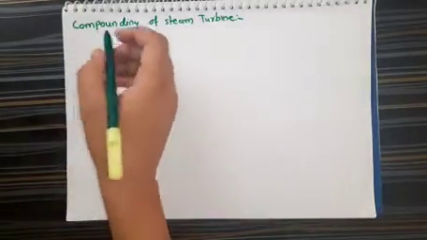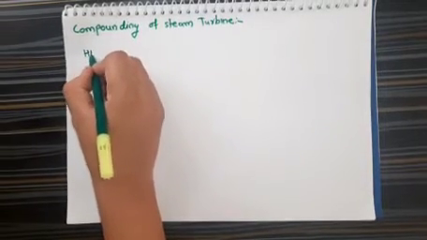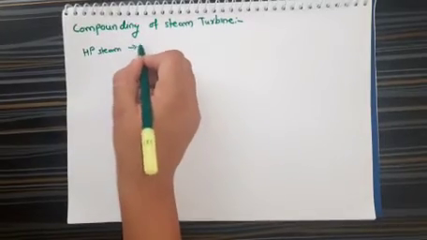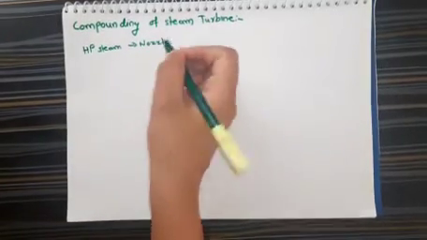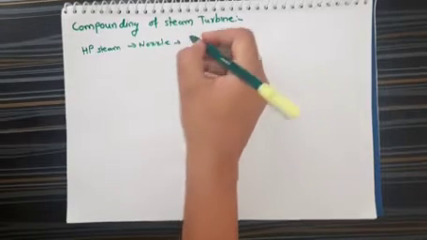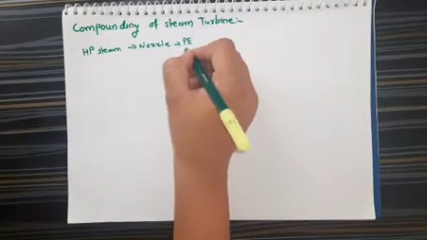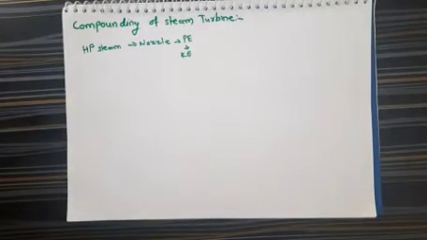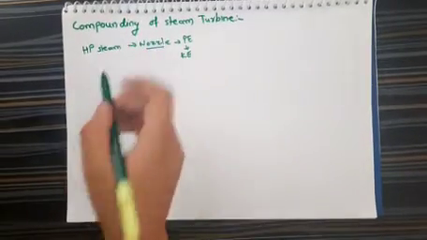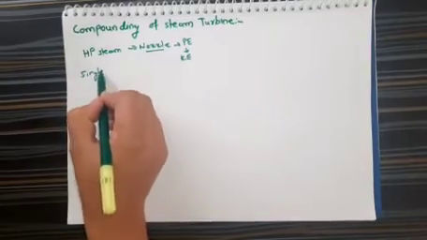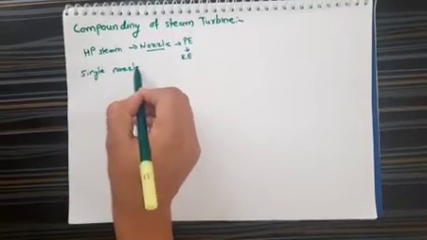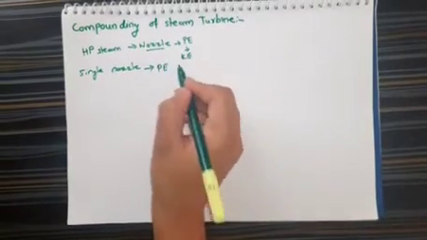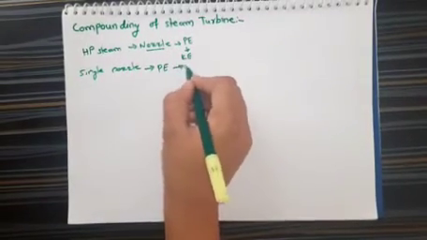In a steam turbine, high pressure steam enters into the nozzle where the pressure energy is converted into kinetic energy. If we are using a single ring of nozzle, that means the nozzle has to be designed in such a way that the pressure energy should be completely converted into kinetic energy.